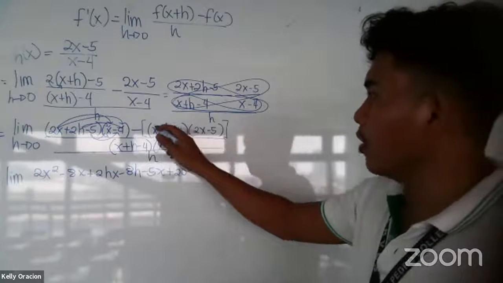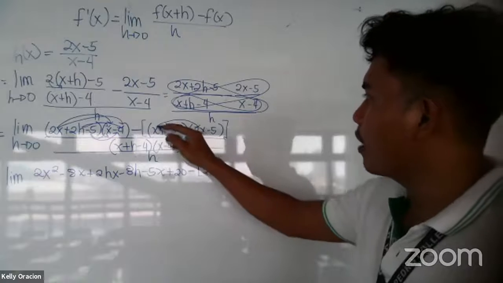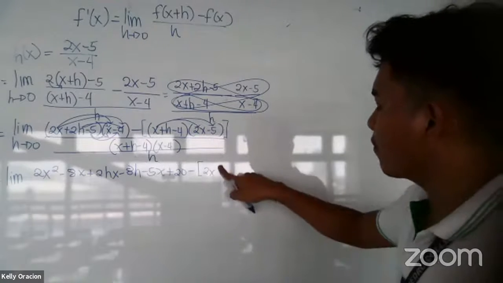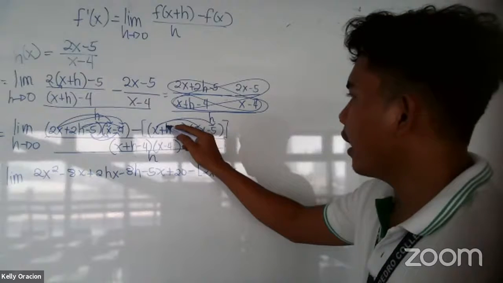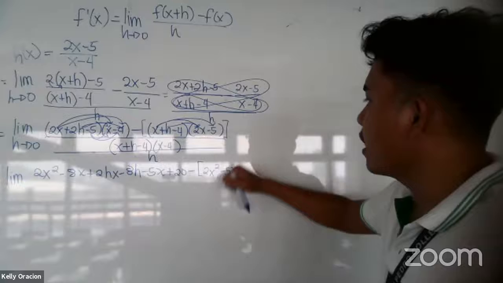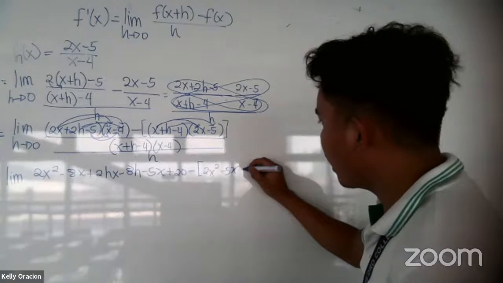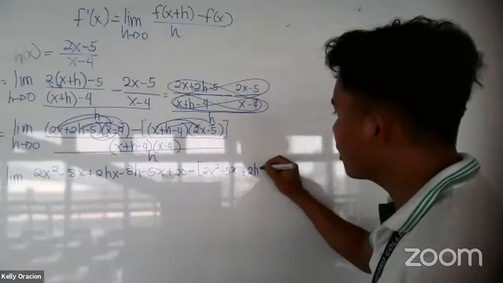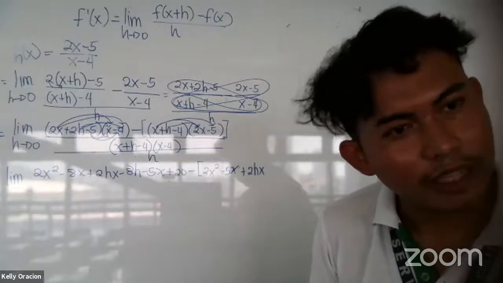Next, distribute. x times 2x, 2x squared. x times negative 5, negative 5x. h times 2x, that's positive 2hx. Class, the letter h comes first, okay? The h comes first because who comes first in the alphabet, h or x?